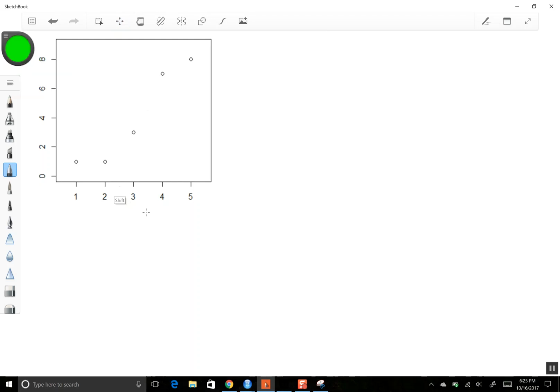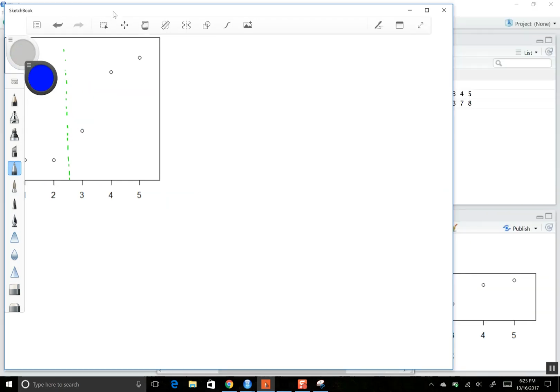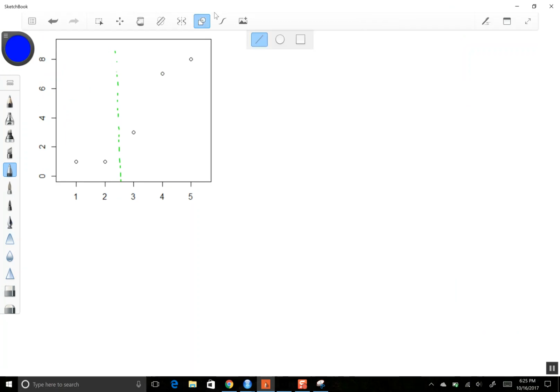So if I do a split at 2.5, which is something like this, this will probably give me slightly better performance in that my prediction here goes like this, and then the prediction for these values over here is 5.5. Oh, I'm sorry, 6.